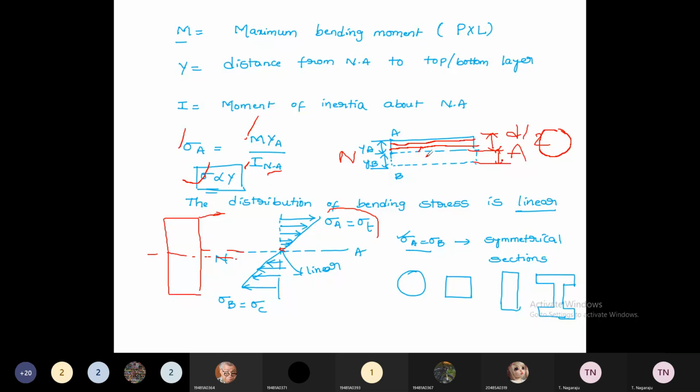If y is farther from the neutral axis, the stress is maximum. That's why the stress is distributed like this. At the neutral axis, the stress value is 0. Somewhere in the middle, we have a certain stress value. And at y equal to y_A, the stress value is maximum. Similarly in the other direction also. This is the bending stress distribution.